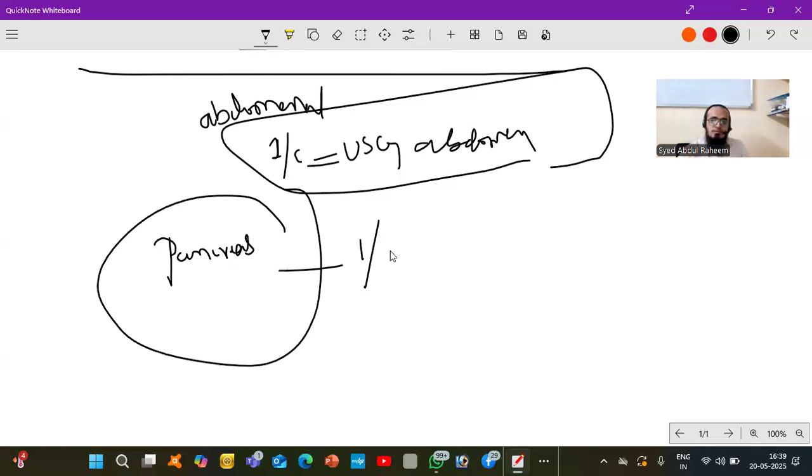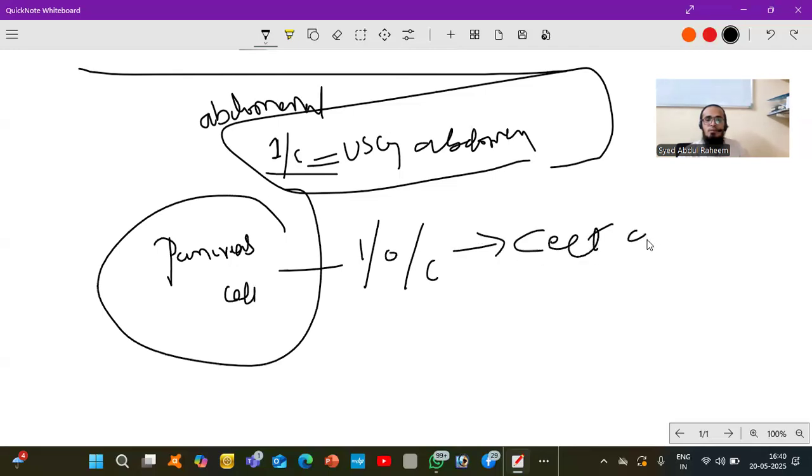Please note down that investigation of choice. CECT abdomen means you have to give IV contrast.